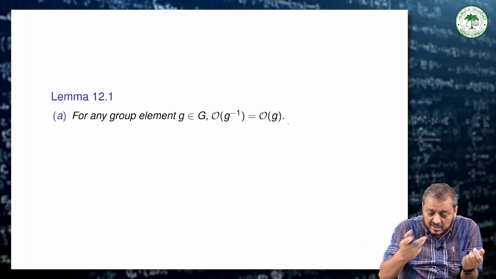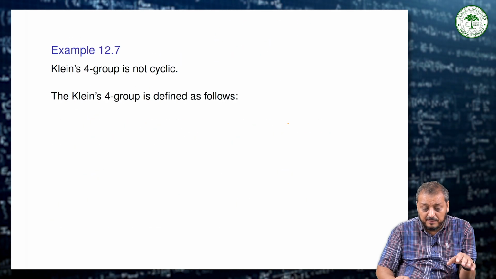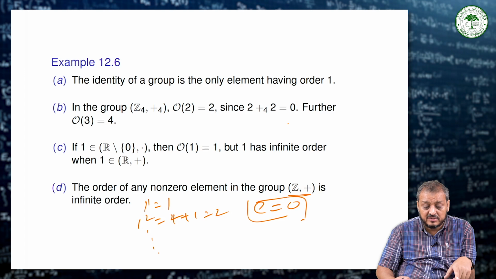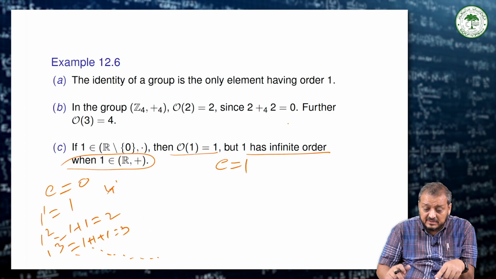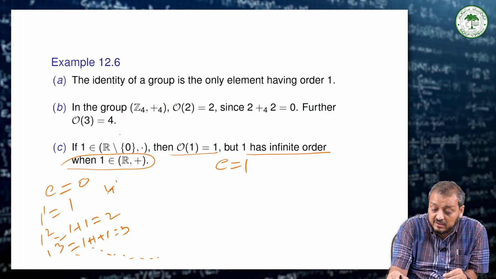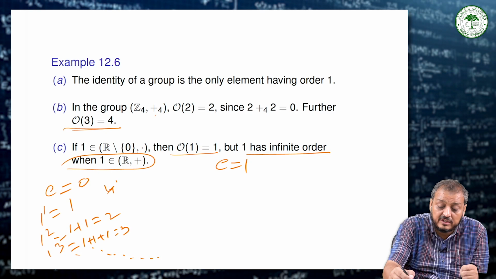You can see this in the previous examples, if you remember. Here we take the group with addition modulo 4.